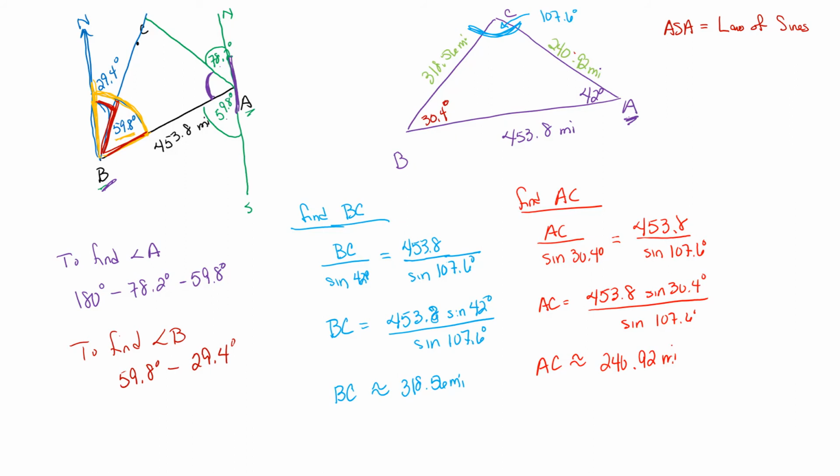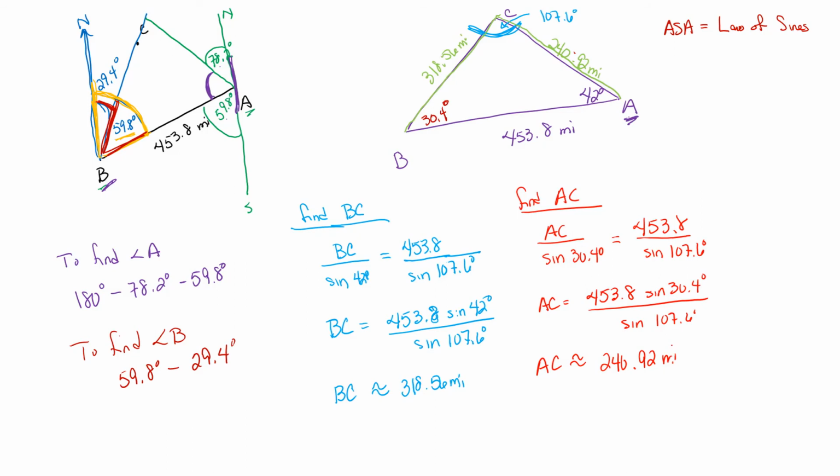So here's the deal. If he decides to take the second flight and go from B to C and then home to A, how many miles will that be? Go ahead, do your figuring. I'll be back.